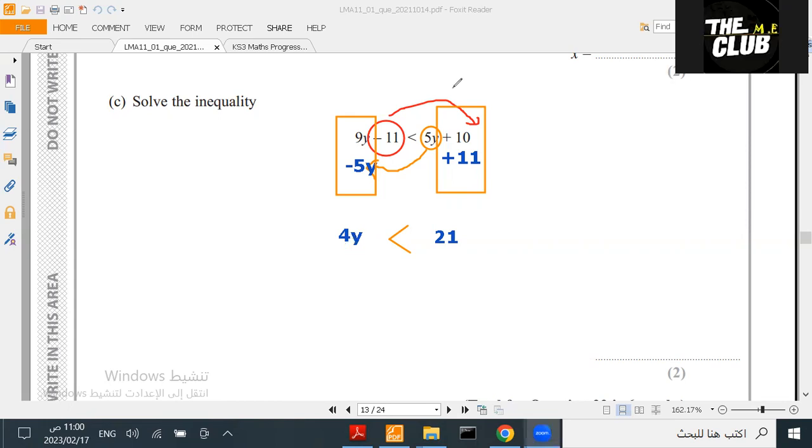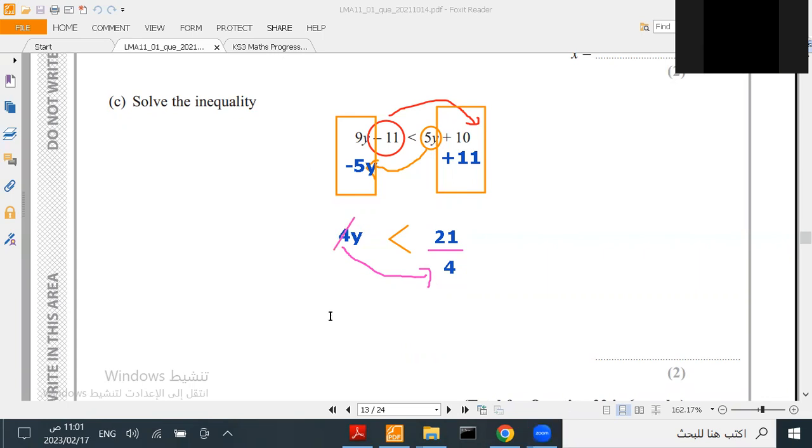Let's make it with another color. What's that? We divide. Do we flip the sign? Did I divide by a negative number? No, so I don't flip the sign. The rule is all about dividing and multiplying by a negative number. If there is no negative number, you don't have to do it.